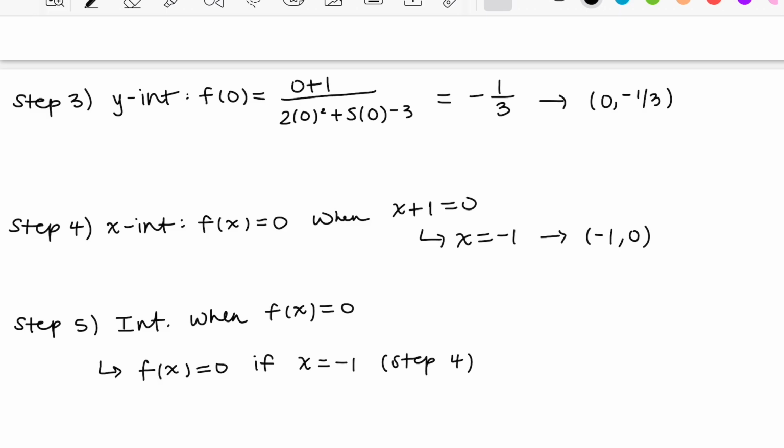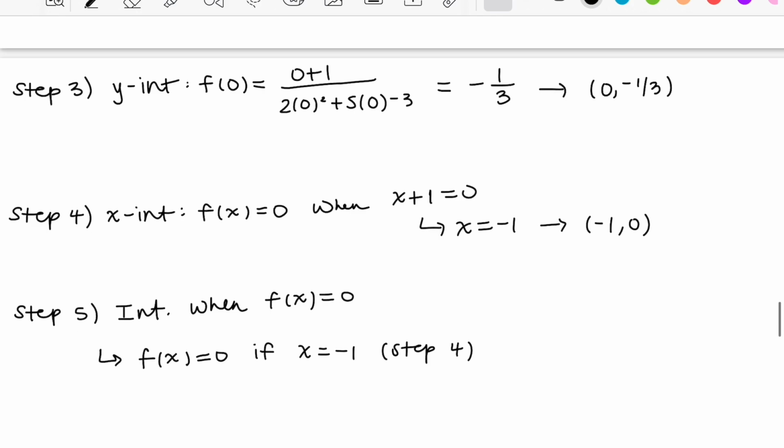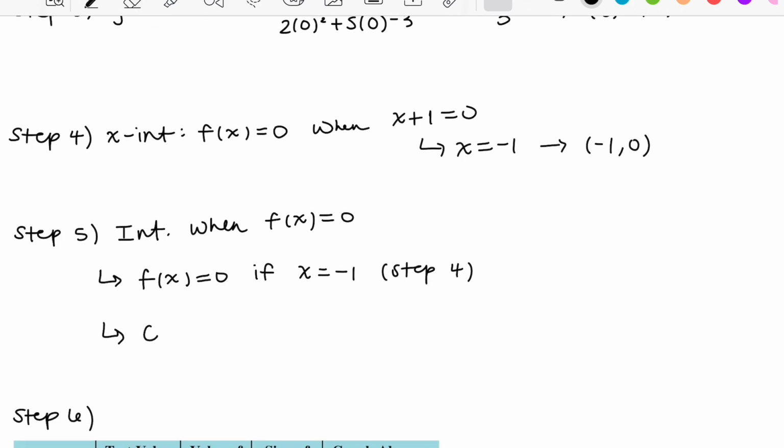Since we have a rational function, it can only be equal to 0 if our numerator is equal to 0. So we can conclude that our graph intersects our horizontal asymptote, or the x-axis, at our x-intercept. And that's to be expected.